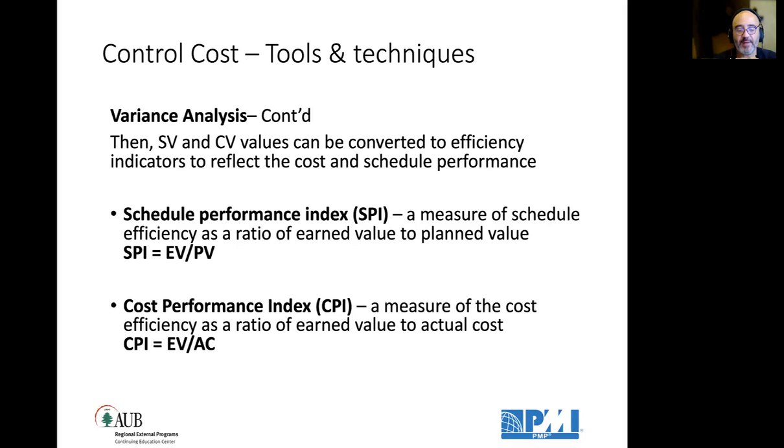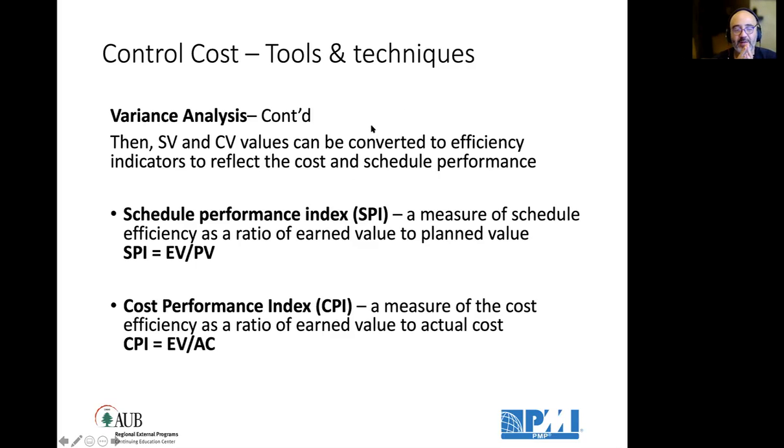Also the cost performance index is the measure of cost efficiency. Whenever you have a ratio, you measure efficiency. Okay? As a ratio of earned value to actual cost. Again, if the volume of work I did is higher than the cost I put on this work, is that good or not good? Of course it's good. It means for every dollar I put on the project, I get back $1.20, which is something very good.